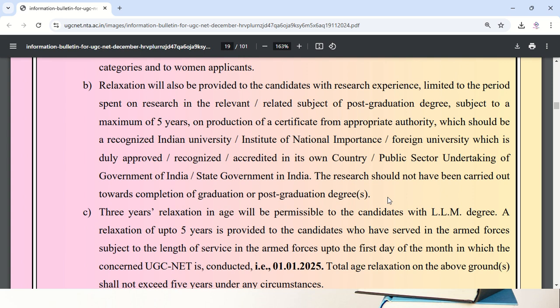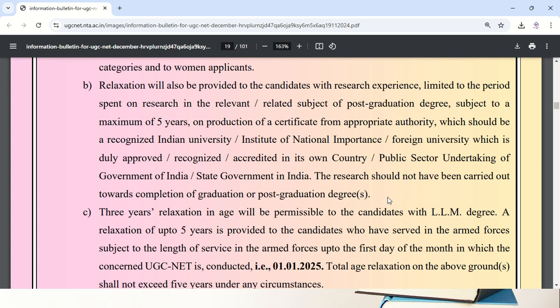Suppose you studied graduation and post-graduation outside, and again for a second degree you do research; for that, if you claim relaxation, you are not eligible. But if you went to a particular institute only for research purposes, you will get the 5 years relaxation. That is what they are telling. And 3 years relaxation in age is permissible for candidates with an LLM, that is a law degree, and up to 5 years is provided for candidates who have served in the armed forces.